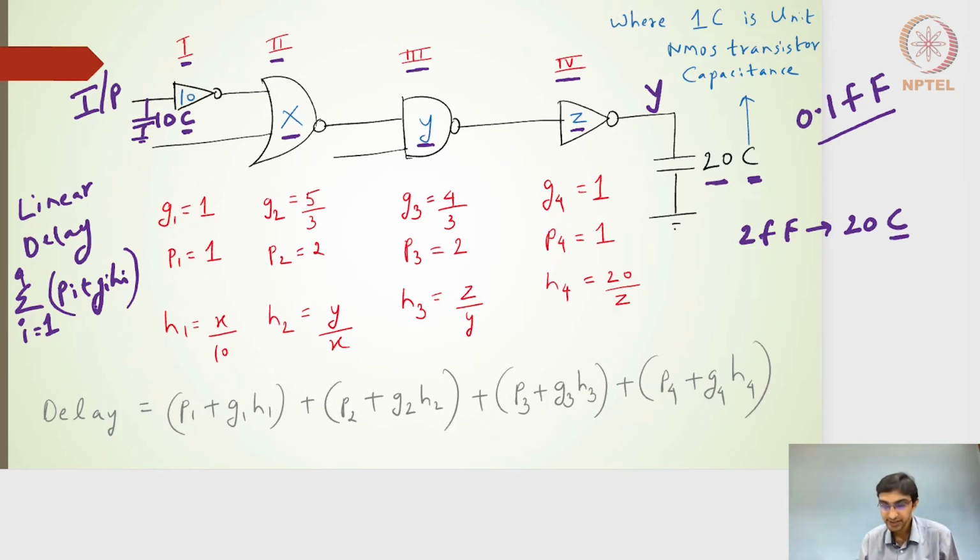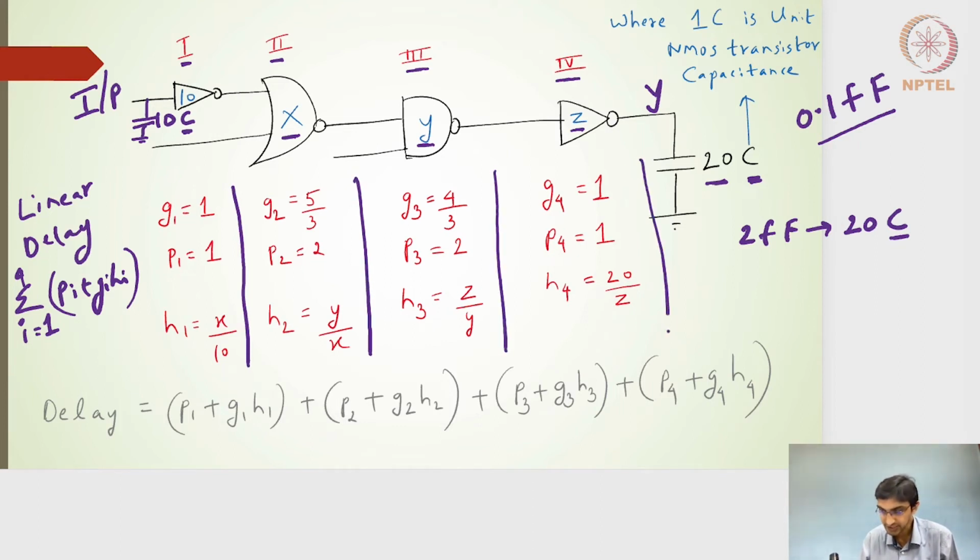Now let's understand what the G value, P value, and H value are for the individual stages.